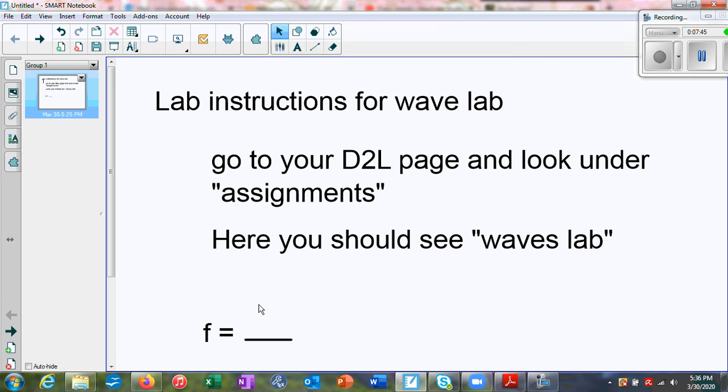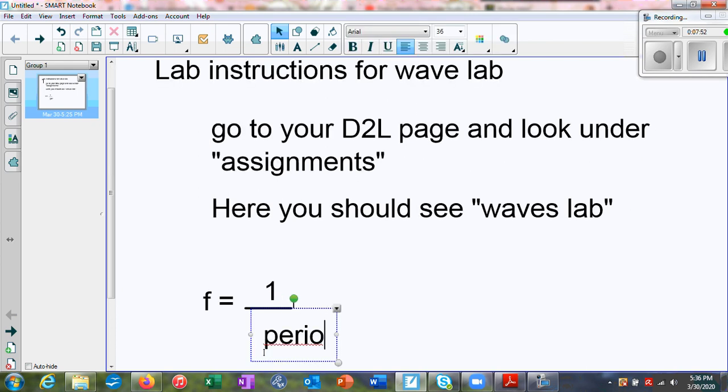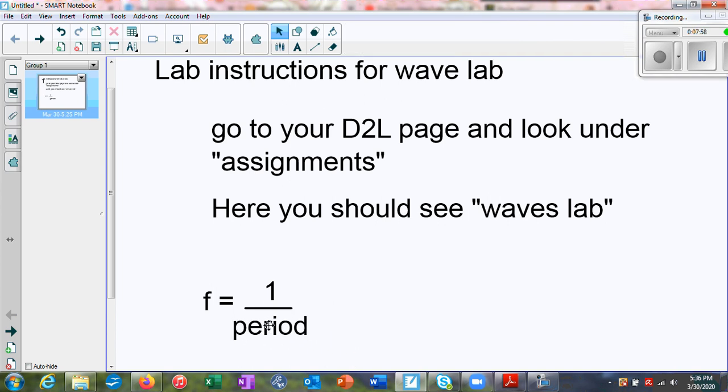So we need a mouse here. 1, and then at the bottom, the period.